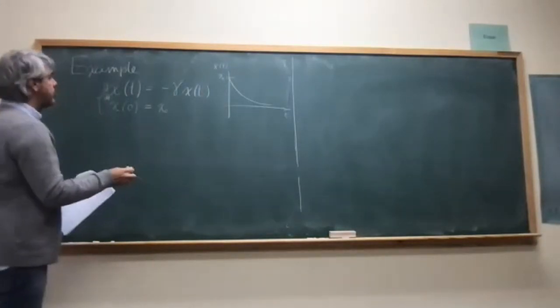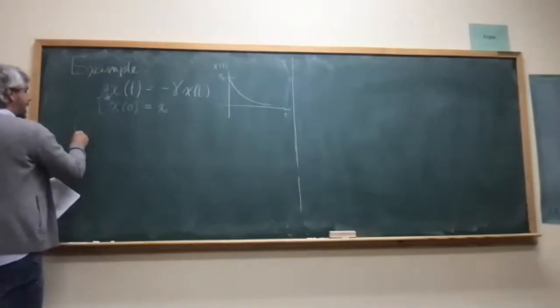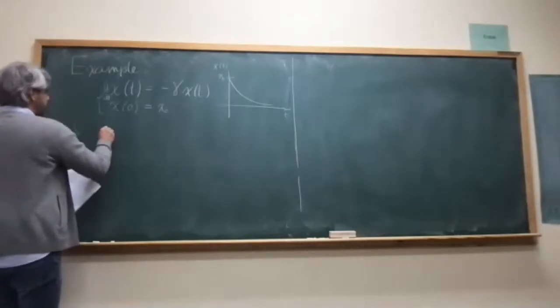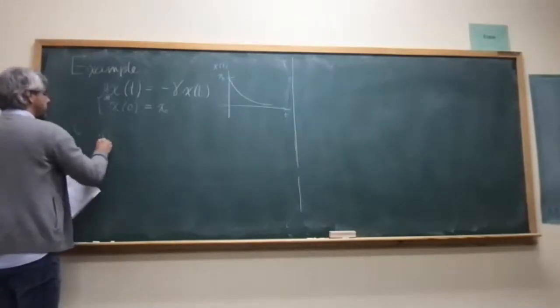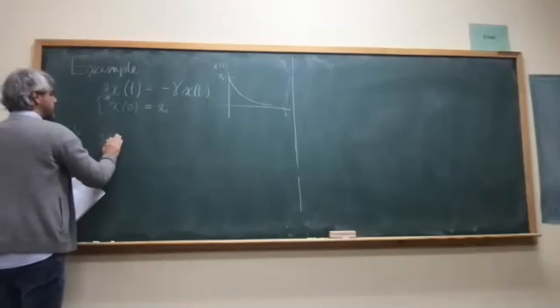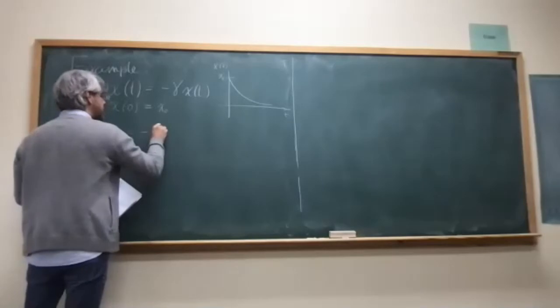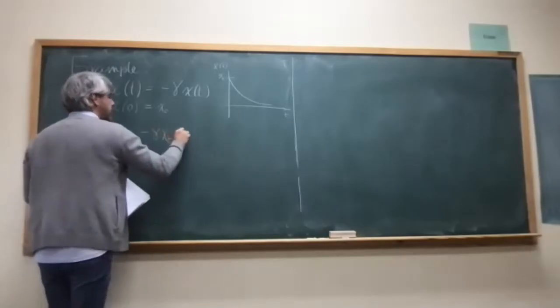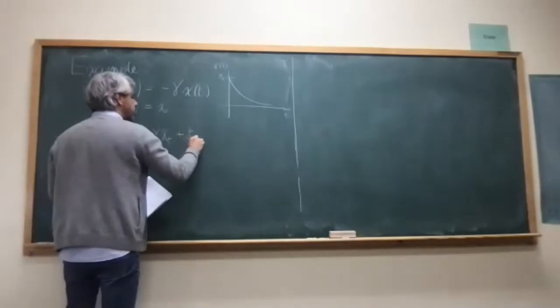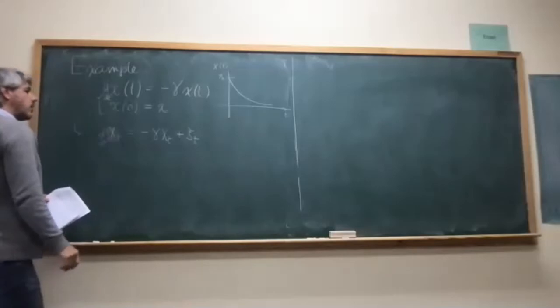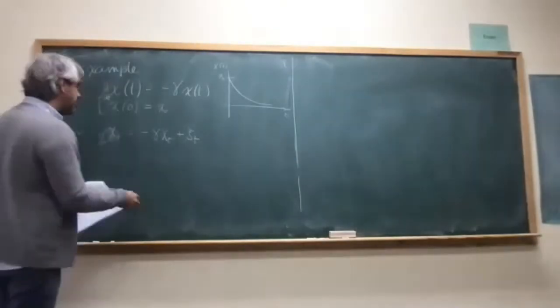I want to add noise to this. So I'm going to add noise by saying the differential equation now is promoted to a random variable. The stochastic differential equation is going to be minus gamma the state plus the noise, which I've written before as that Gaussian white noise. Now again, what's the meaning of this?